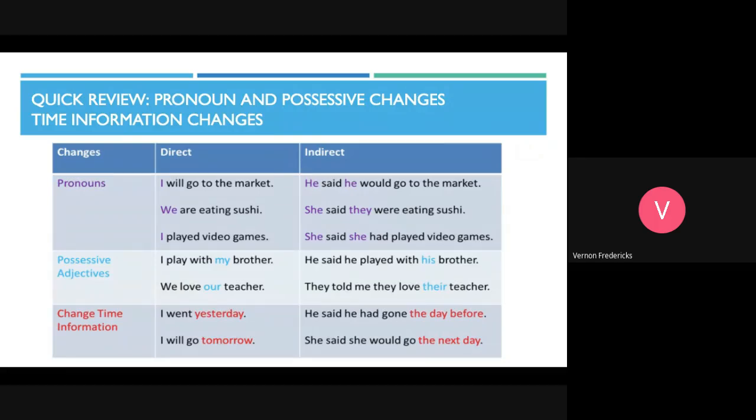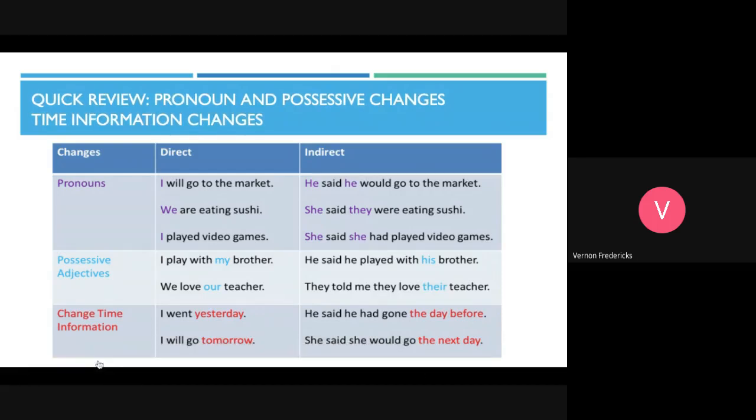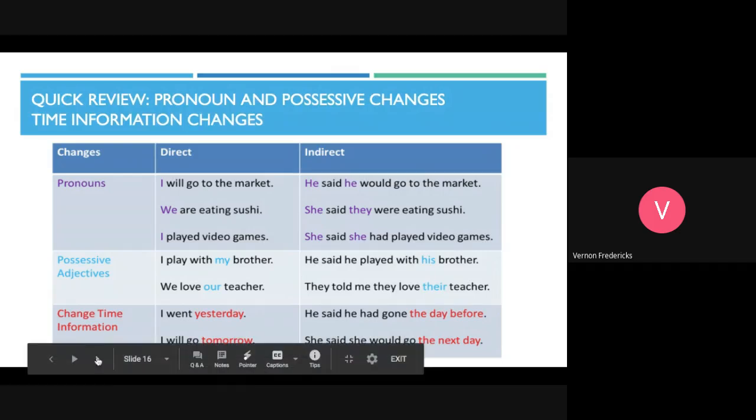She said she would go the next day. So tomorrow changes into the next day. Everybody okay? These are the changes taking place with the pronouns, possessives, as well as the time information changes.